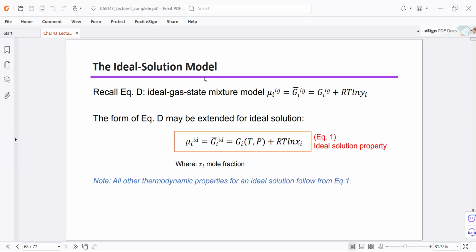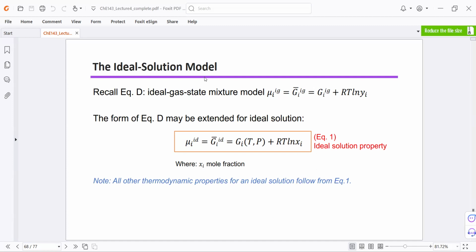Like in the ideal gas mixture model, it's assumed that the molecules are more or less similar in size and shape, and that the intermolecular forces of attraction between like and unlike molecules are more or less equal. So these are similar to the assumptions under the ideal gas model.